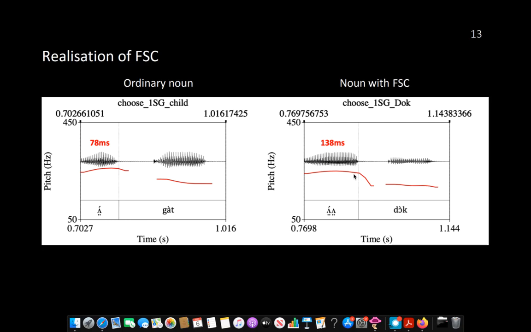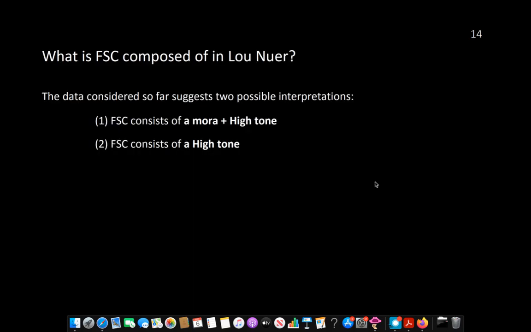In answering the question about what FSC is composed of in Lou Nuer, I claim that the data from this dialect is inconclusive. Whilst there is clarity with respect to the presence of the floating high tone, there is less clarity with respect to quantity. There are two possibilities.